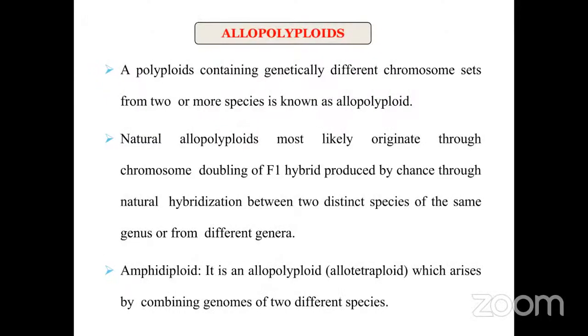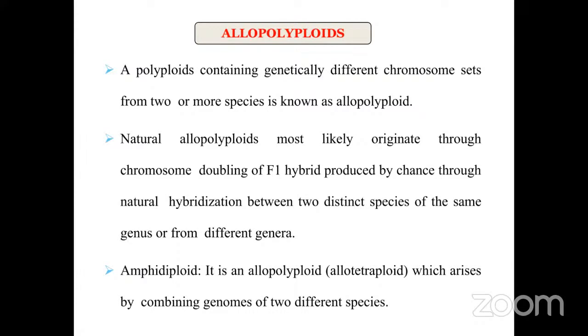Now come to the allopolyploids. In euploidy we have seen diploid, haploid, monoploid, and autopolyploid. Autopolyploid means the entire genome has been duplicated. But in the case of allopolyploid, there is also a duplication of the genome, but it actually comes from another species.